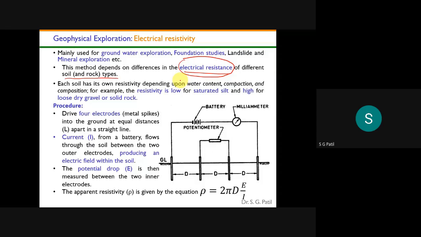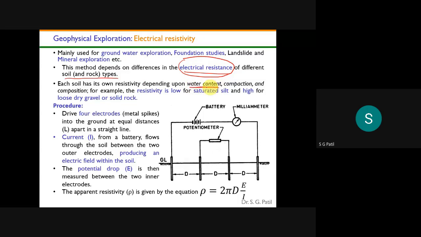In a similar way, in the previous section we have seen in the seismic refraction method, different soil layers will offer you different shear wave velocity. In a similar fashion, different soil layers will offer you different electrical resistance. So based on that, we can find out the different soil layers in the ground. So each soil has its own resistivity depending upon the water content.